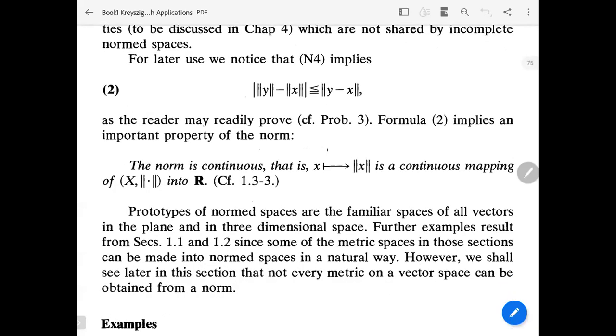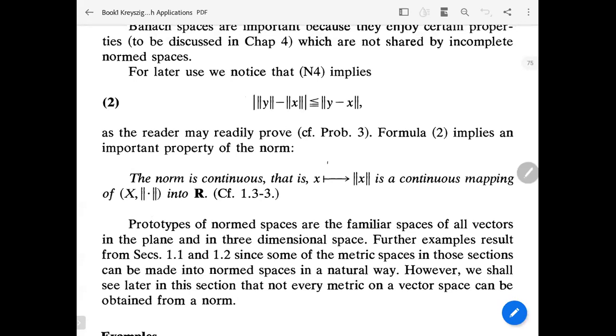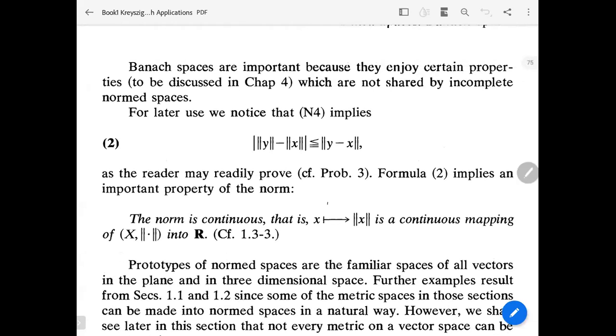One more fact: the norm is continuous. The norm is a continuous function defined on a vector space. And you can prove that the norm is continuous using the triangle inequality in 2. So by the triangle inequality, the absolute value of the norm of y minus the norm of x is less than or equal to the norm of y minus x. So using this triangle inequality, we can easily prove that the norm is a continuous function.